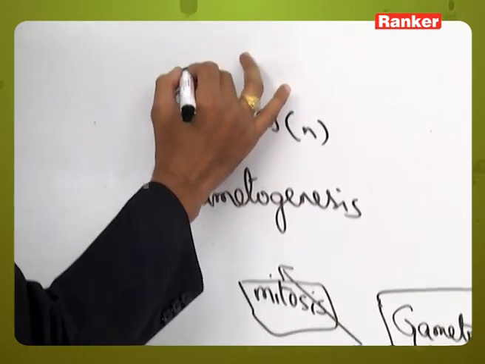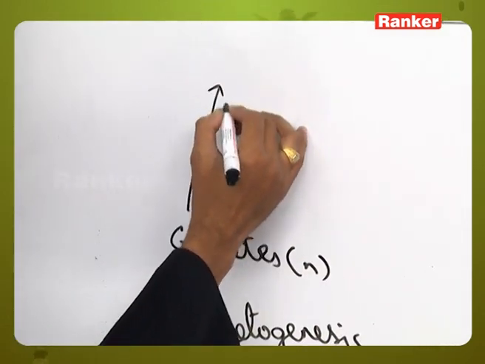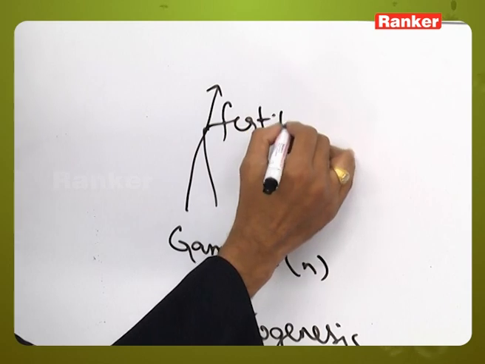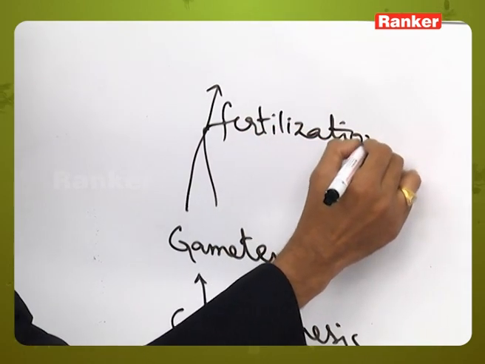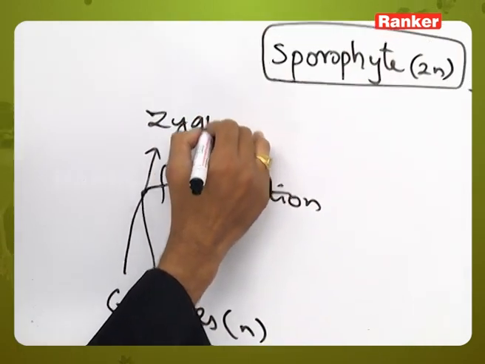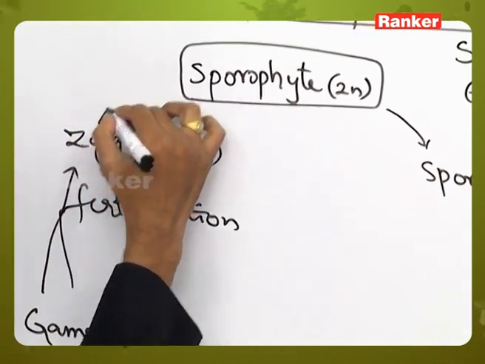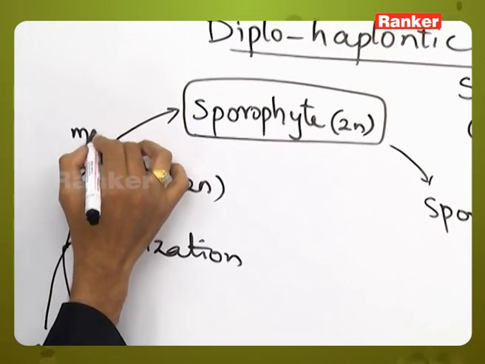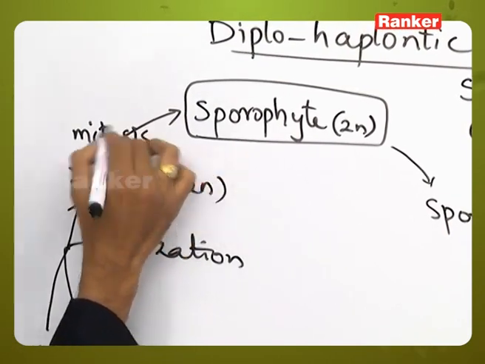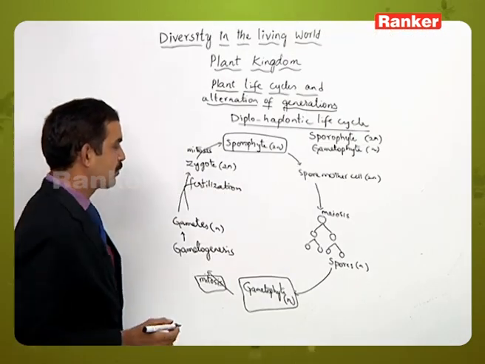Then the gametes will participate in the fusion, that is a fertilization process leading to the formation of zygote. This zygote will be in diploid condition, and this zygote will undergo further mitosis to form the sporophyte.